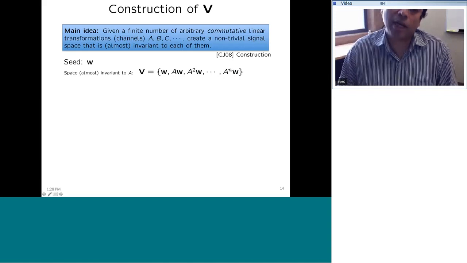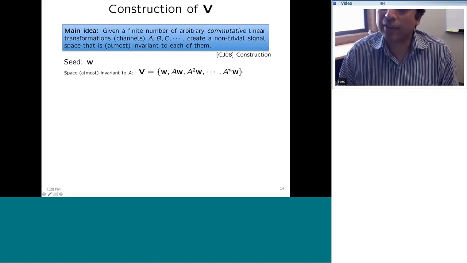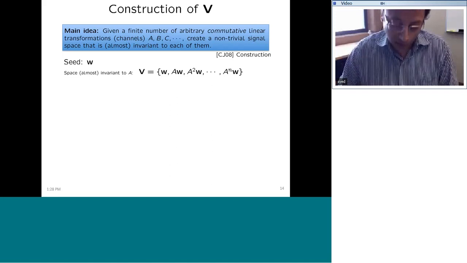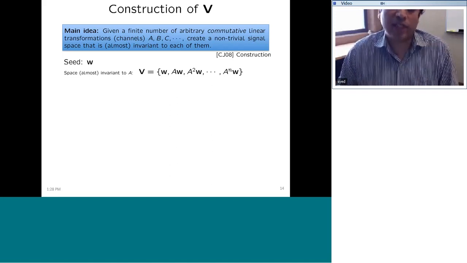When you multiply it by A, it becomes A to the n plus 1 times W, which is not in V. So that's what I mean by almost invariant. It's not exactly invariant. Some part of A times V will not be in V, but that's a very small part if n is large. That's why it's asymptotic, that n has to be large. So this is a space that's invariant.